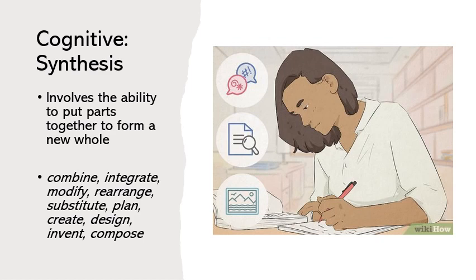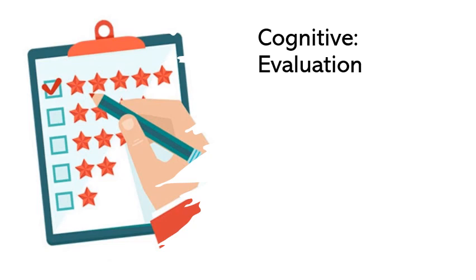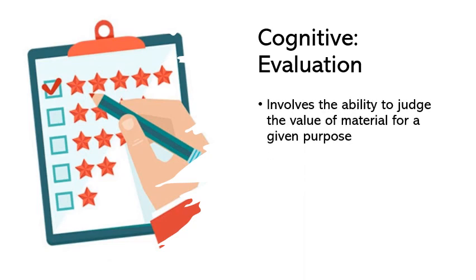Okay, let's go to the next slide. The evaluation level is actually the last part of the old Bloom's taxonomy, but in the revised Bloom's taxonomy, it's at the 5th level. This involves the ability to judge the value of material for a given purpose.